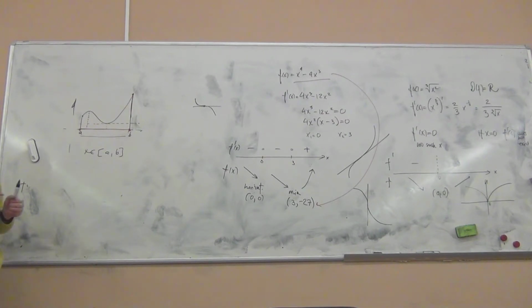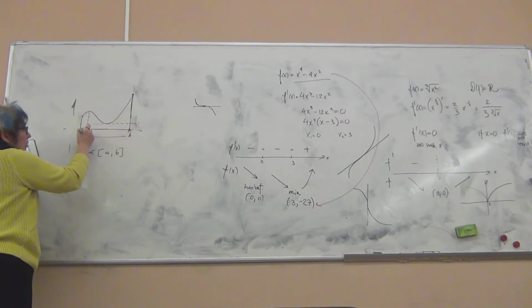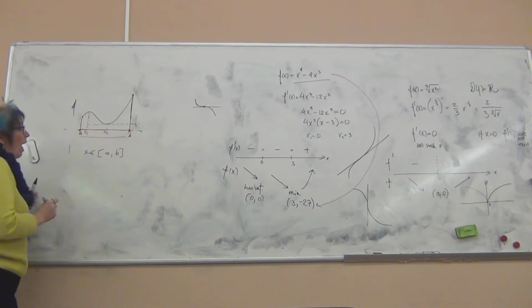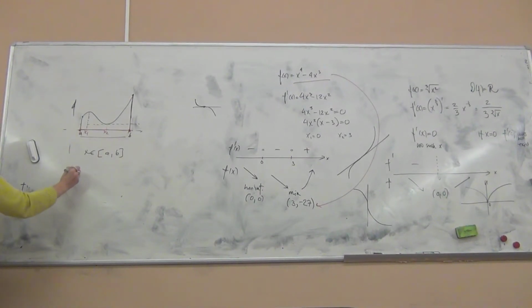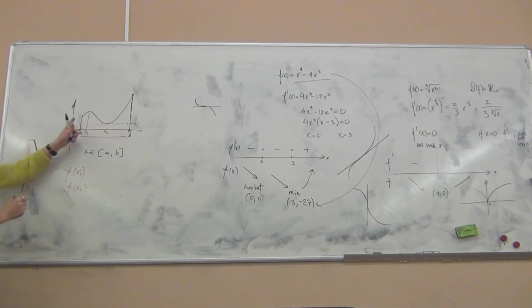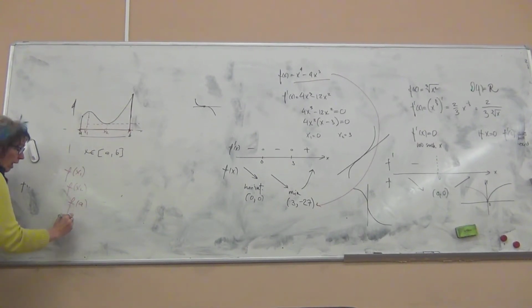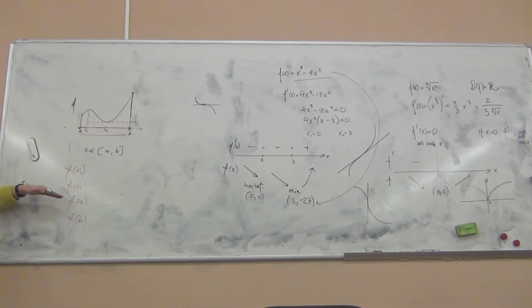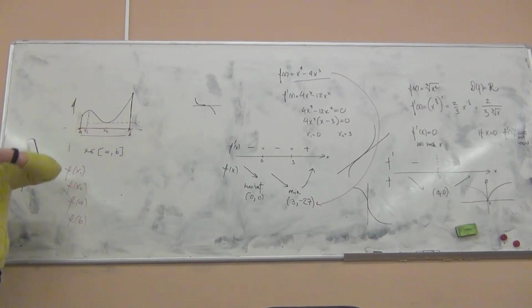What I do is I find the critical points, x1, x2, and I find all the function values: the function value at x1, the function value at x2, and also at the ends of the segment, the function value at A, the function value at B. This is where possibly the greatest and the least values can be situated, nowhere else. It's either in these stationary points, the critical points, or at the ends of this segment.